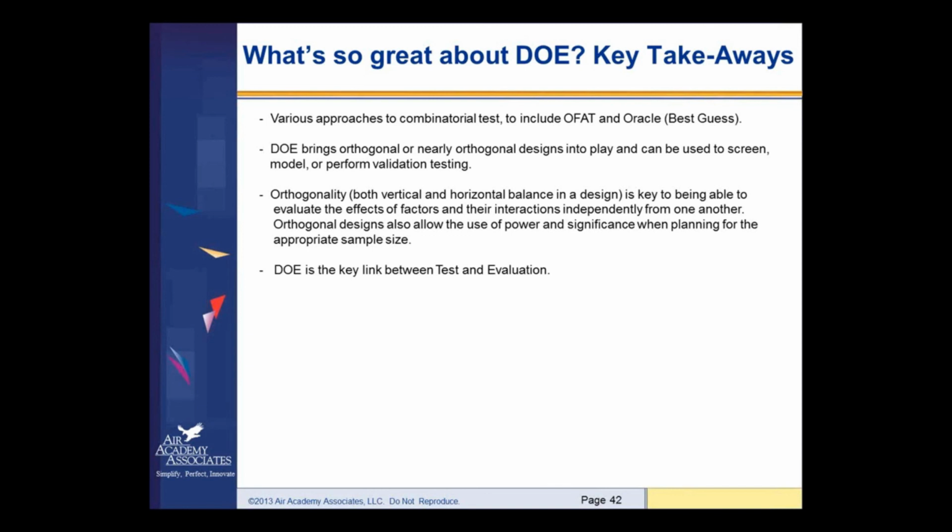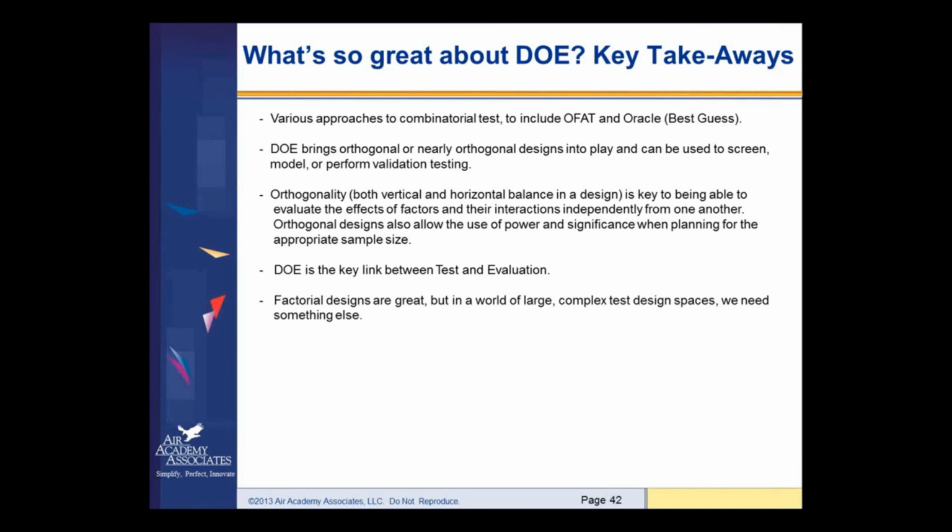DOE, in my estimation, is the key link between test and evaluation, because most practitioners probably don't understand to the extent how you test, that is, how you collect the data, will have an important, order of magnitude influence on how you are able to evaluate or analyze the results. So DOE is the linkage between test and evaluation.